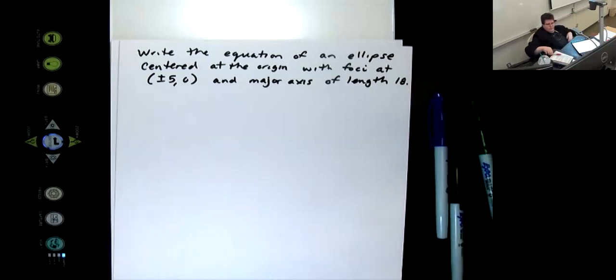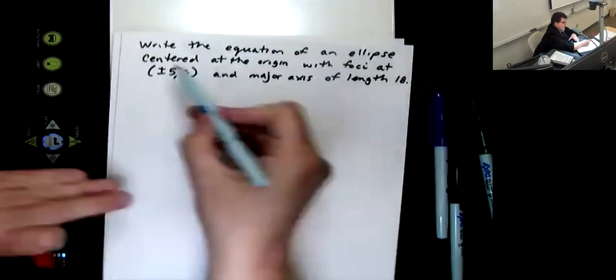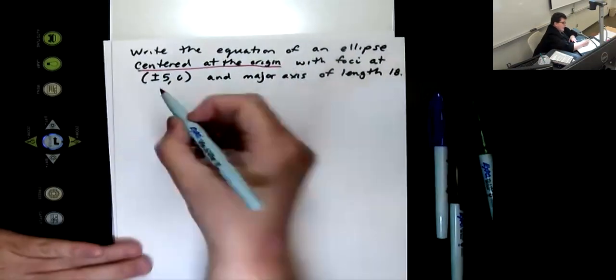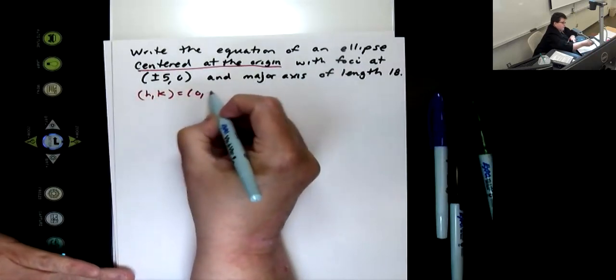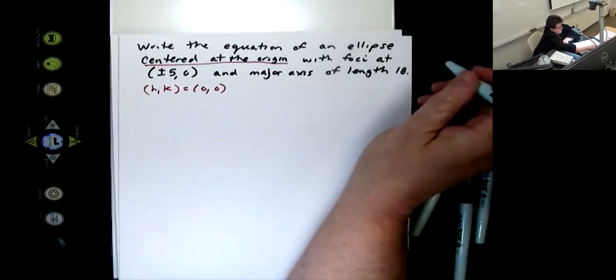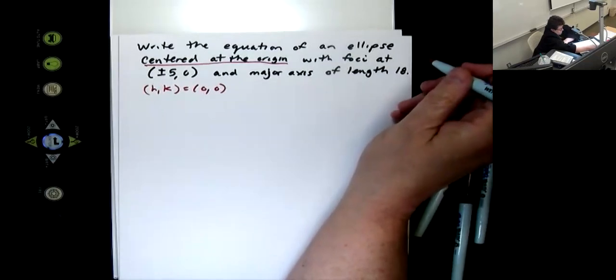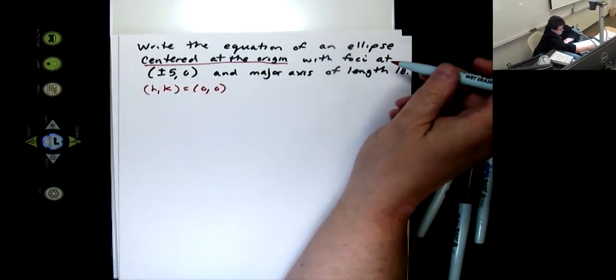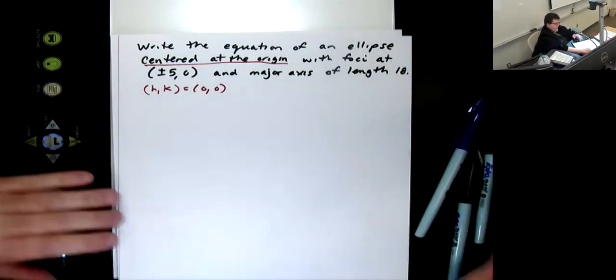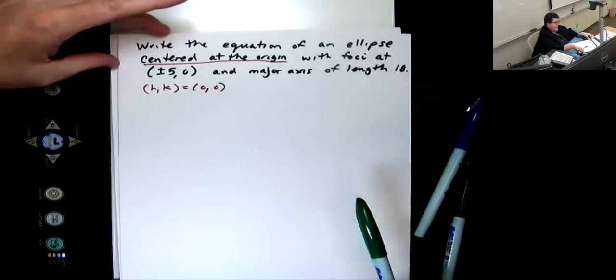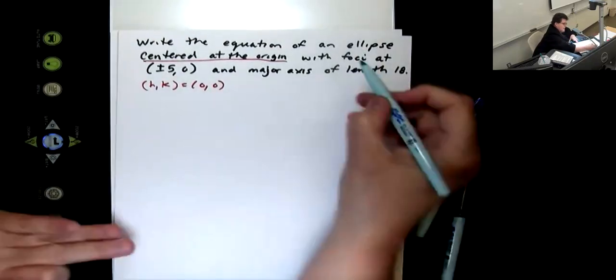So let's pull this apart for what we know. Centered at the origin means h, k is 0, 0. What does the bit about foci at plus or minus 5 tell us?